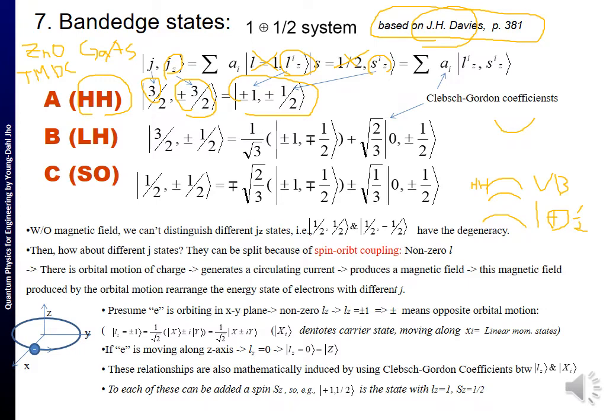And then there is JG plus minus 1 half of J, that is light hole, and then split-off, when J is 1 half, JG is plus minus 1 half.